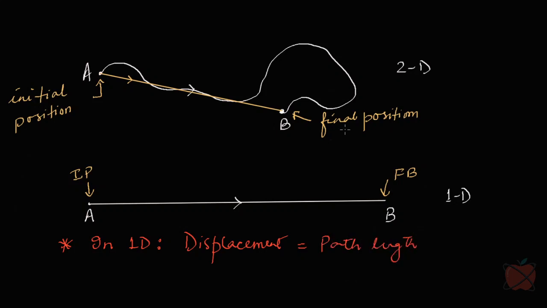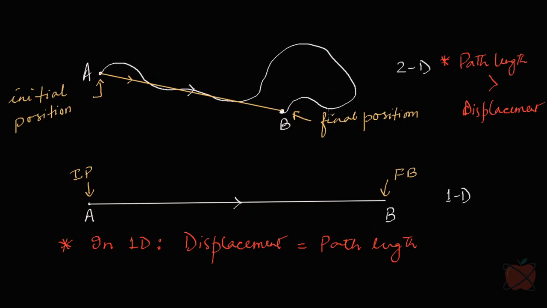Is this clear? In two dimensions, is the displacement, that means the line AB, equal to the path length? Obviously, the path length would be greater than the displacement. Let me put a side note out here. In two dimensions, the path length will be greater than the displacement of the body.